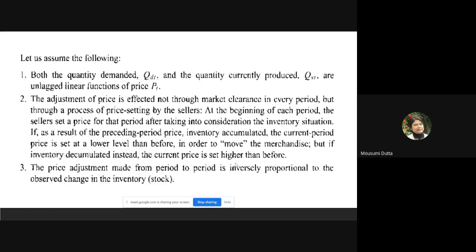At the beginning of each period, the sellers set a price for that period after taking into consideration the inventory situation.